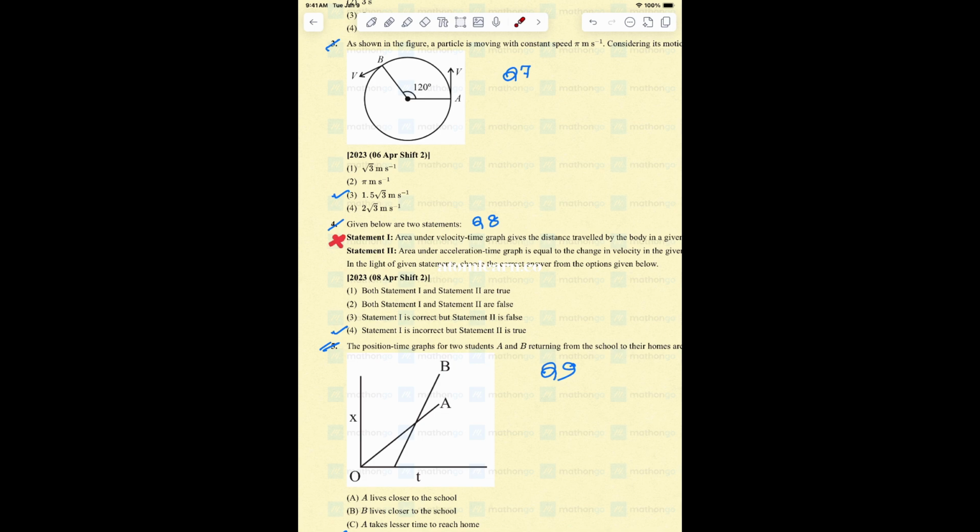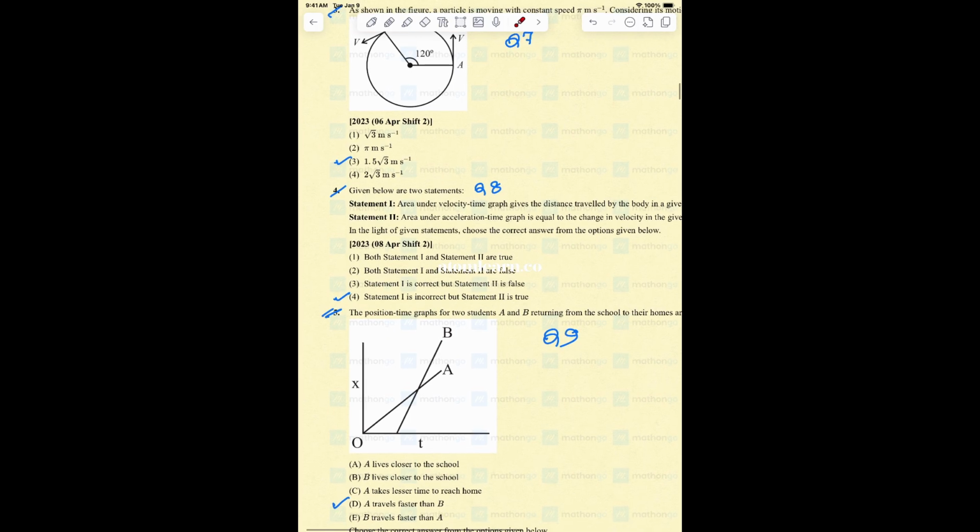Therefore statement 1 is incorrect because it gives you only displacement, not the distance. You understand? This is the kind of questions you get. Shall we go through one more question of this nature? Question number 11.